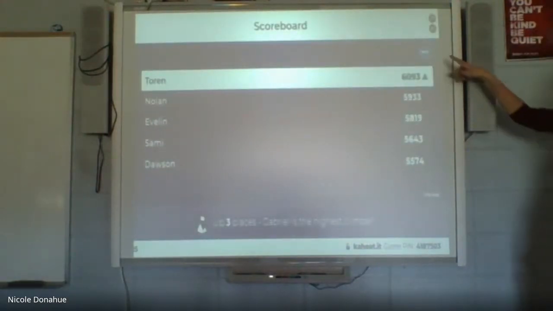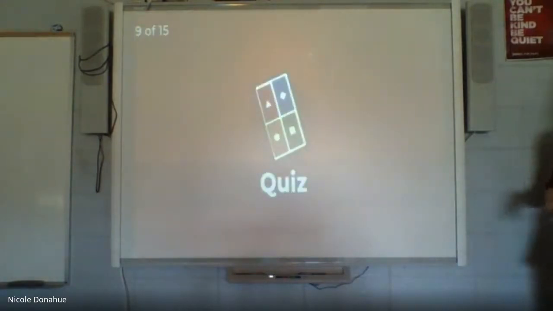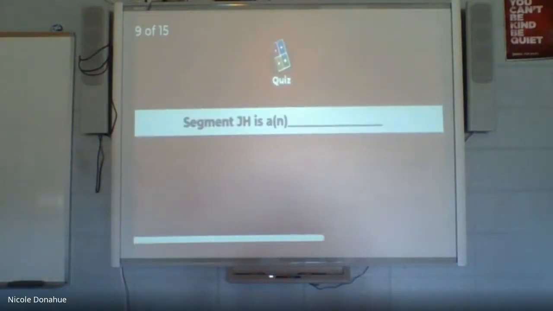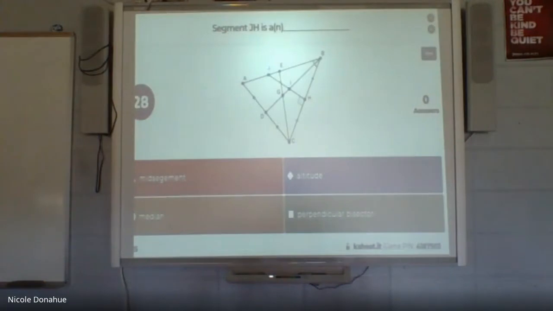Uh-oh, Corin took the lead on that one. All right. So JH, it's the same drawing, but JH goes to the middle, like down to the right there.